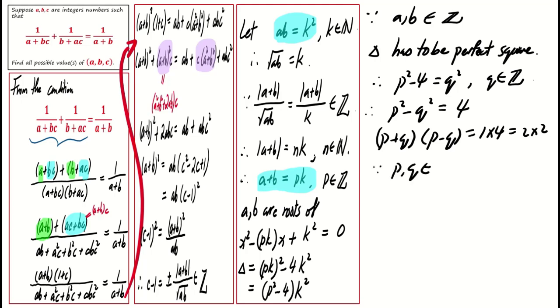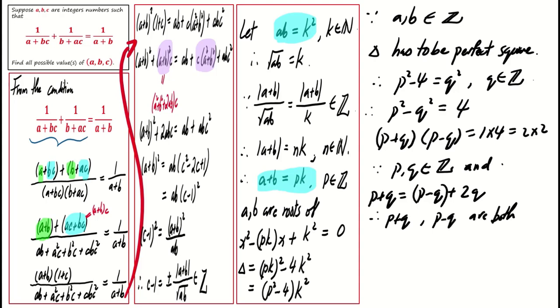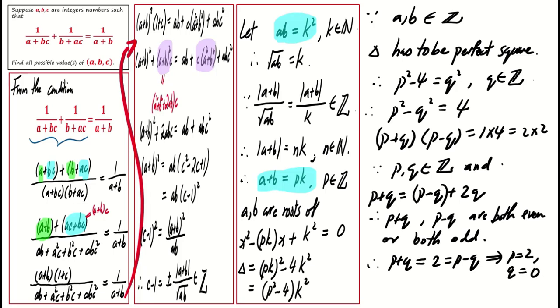As p and q are integers and p plus q equals p minus q plus 2q, these imply that p plus q and p minus q are either both even or both odd. Hence, p plus q equals p minus q, which means that p equals 2 and q equals 0.